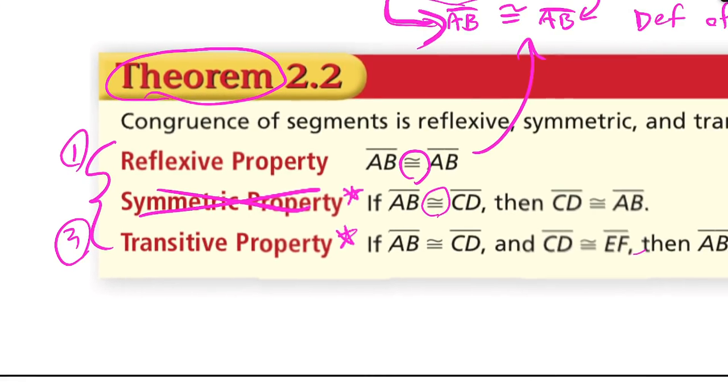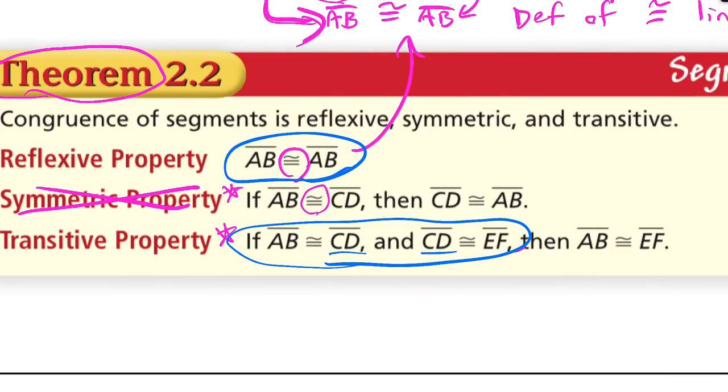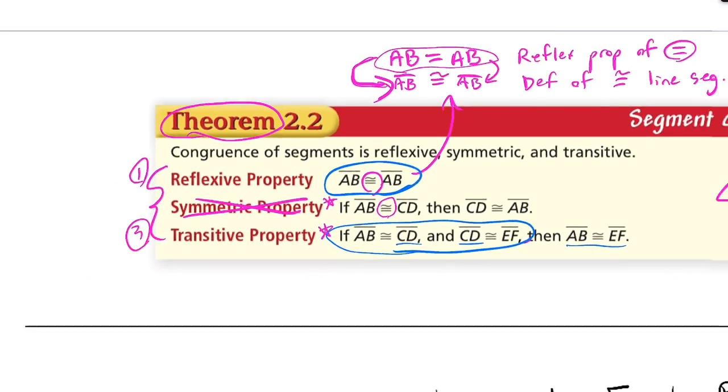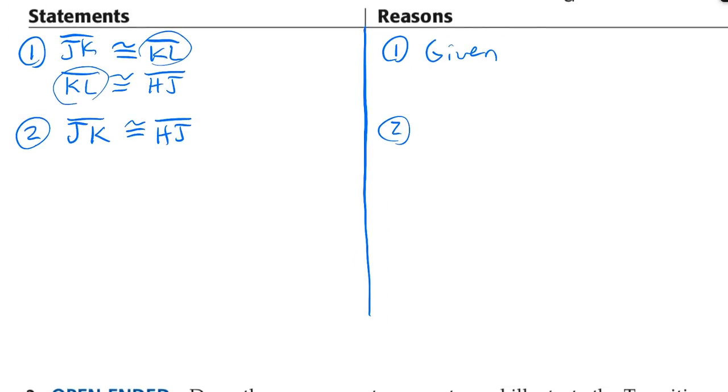So we can say something is the same as itself, and we can say if 2 things are the same as CD, then they're the same as each other, right? So we're using the transitive property here. So let's go back down. So that was the transitive, and now it's the property of congruence, okay?